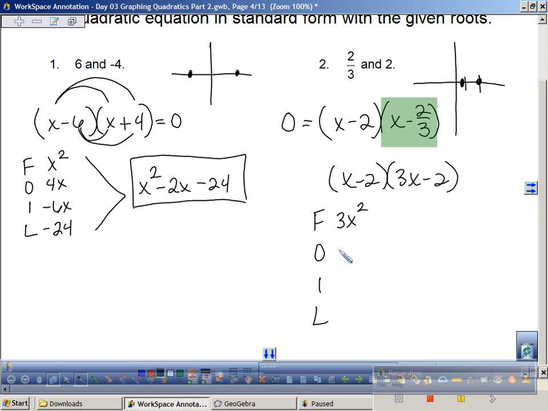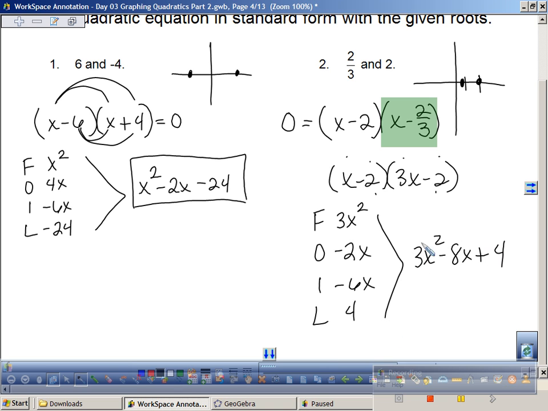What's my outer? Outer, outer. Negative 2x. What's my inner? Inner, inner. Negative 6x. What's my last? 4. Put those together and I get 3x squared minus 8x plus 4.